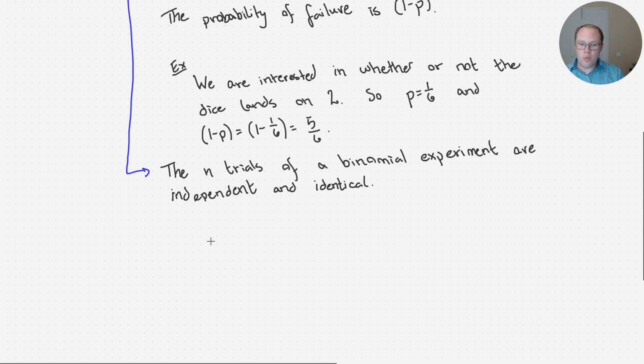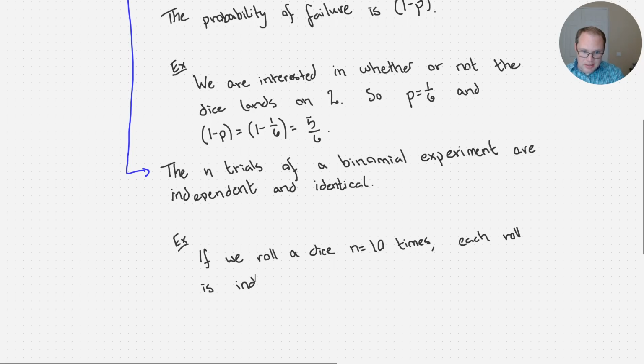So if we roll a dice n equals 10 times, each roll is independent and identical to every other roll.